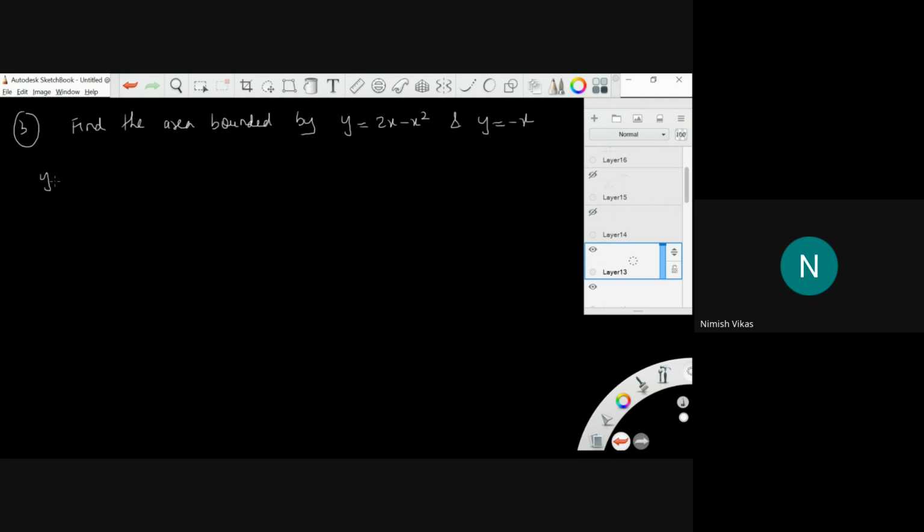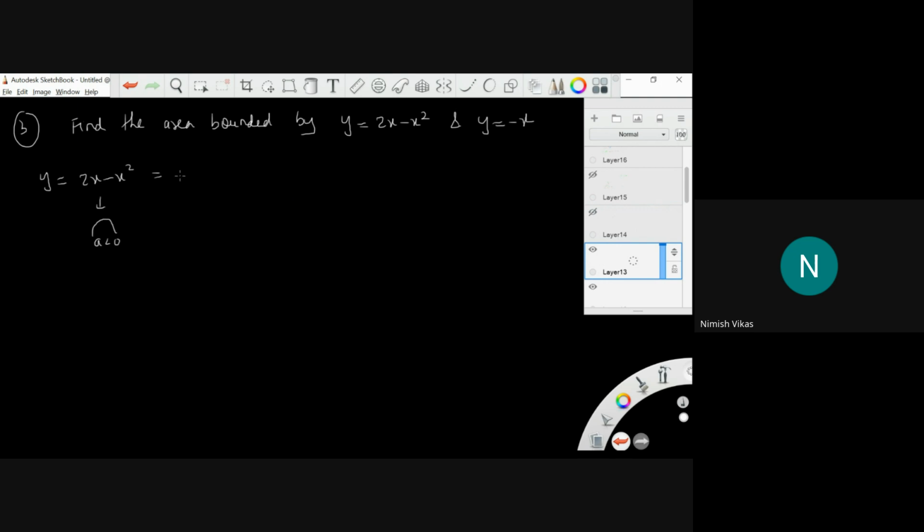So the first curve is y is equal to 2x minus x square. So it is what? A parabola, because it contains x square term and only y term. Also, the coefficient of x square is negative, so it's a downward facing parabola because a is negative. But we should draw the graphs very accurately.